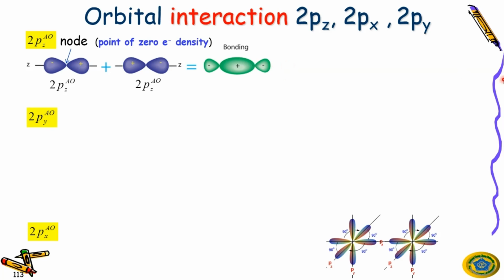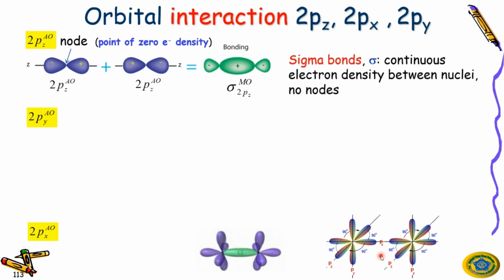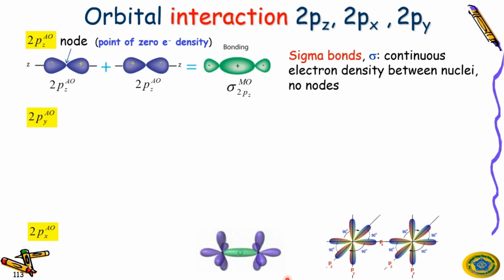This is the bonding molecular orbital, and it looks like this. We call it a sigma bond.